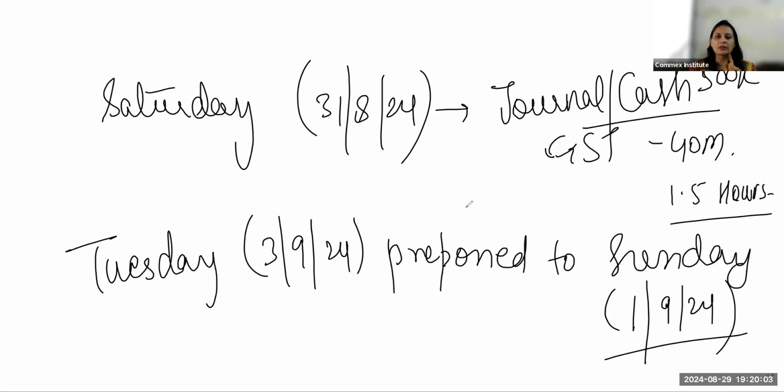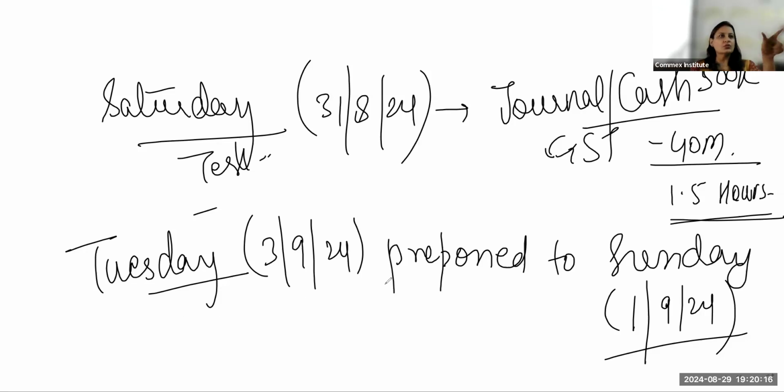Okay, please take a note of both the things. Saturday test, 40 marks, 1.5 hours. Journal, cash book. And your class. So you've taken that picture now, share it on the group also.